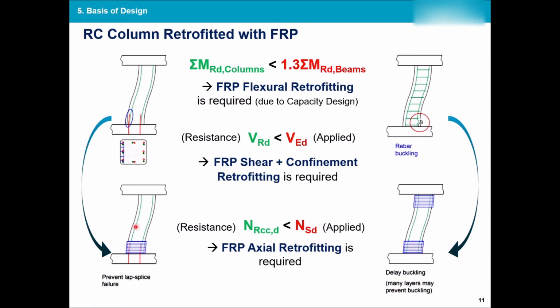So the FRP can improve that issue of their failure. On the other side, due to some lack of proper detailing, the rebars might buckle, specifically at the ends of the column. FRP can improve that issue as well as the flexural, the shear and confinement, and the axial issues that the column might have.